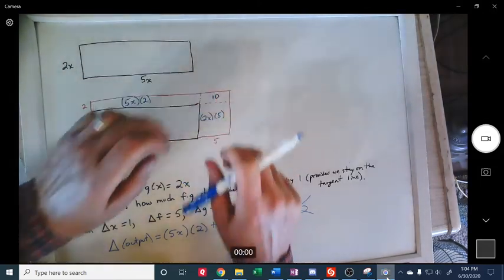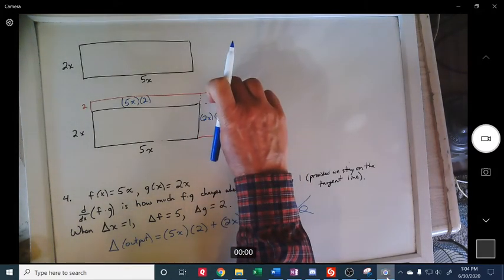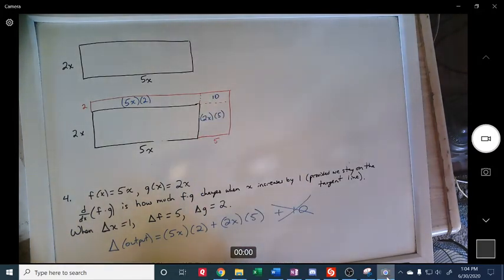This winds up being inconsequential. And because we're going more towards the instantaneous slope, and we take smaller and smaller intervals, this winds up disintegrating down to basically nothing. And so let's say the bulk of the change in the output is this.